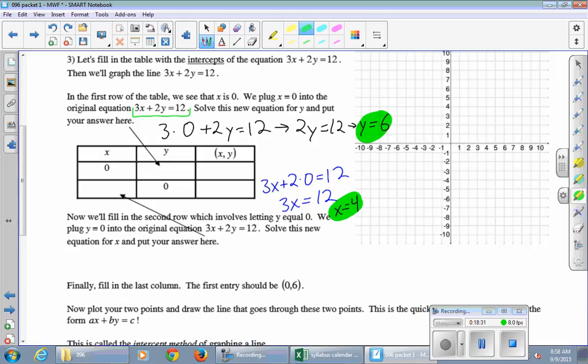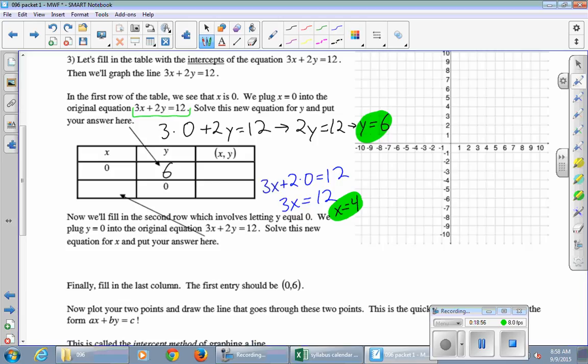All right, so we've got an x is 4 and a y is 6, and we're about to plot some points. Really common mistake is to plot the point 4 comma 6. 4 comma 6 has nothing to do with this problem. But it's quite tempting because I have an x and I have a y, and I'm asking you to plot a point. And the reason it's wrong is that the only way we got y equals 6 was by letting x equal what number? 0. That's the very first thing we did here, was let x equal 0. So if we fill in the table, maybe we'll see what's going on.